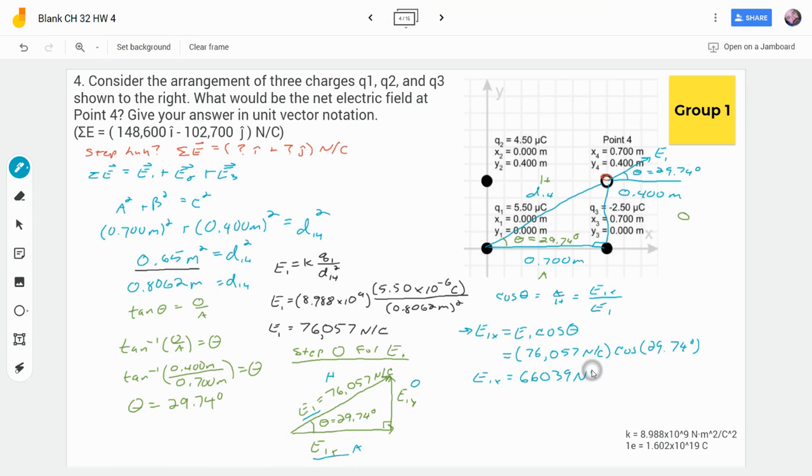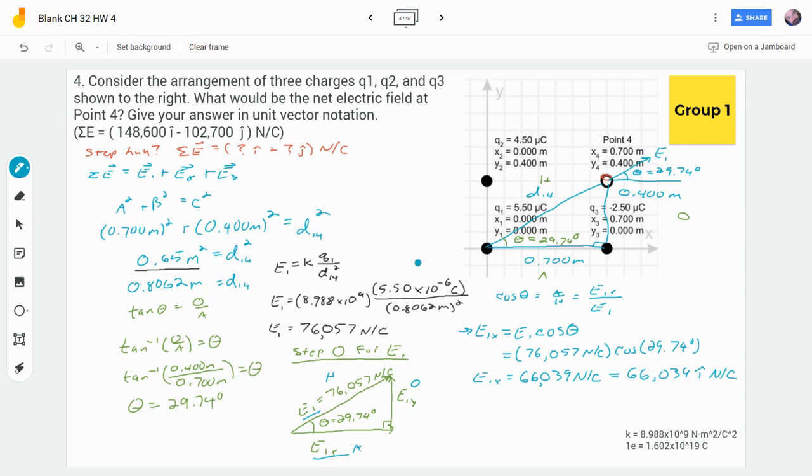The units are newtons per coulomb. And what does that really mean? Notice it's going to the right. So I'm going to write this as 66039 i hat newtons per coulomb. So now I have that component there.